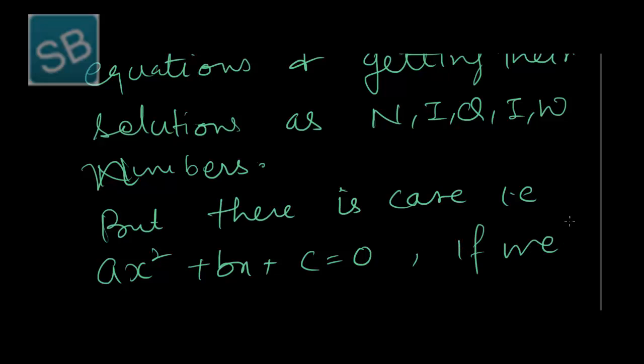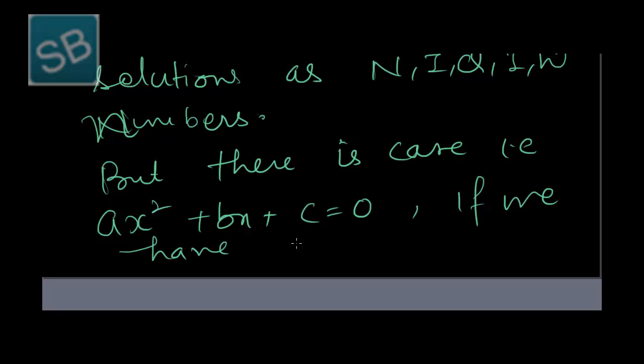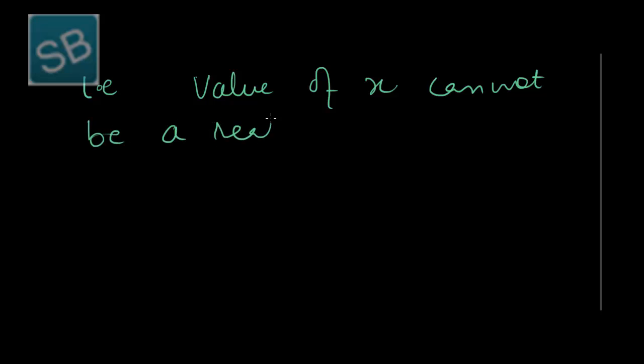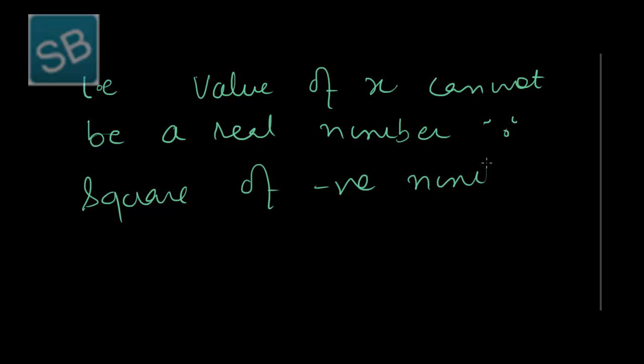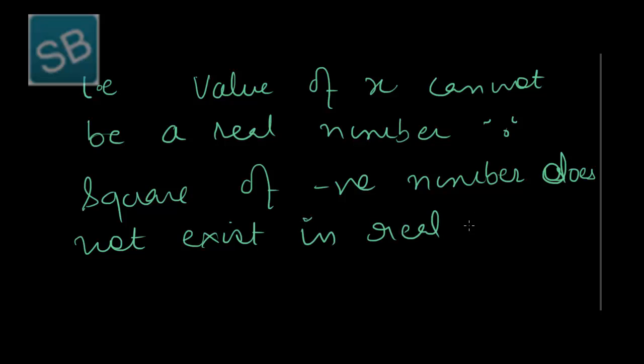If we have discriminant D is equal to b square minus 4ac less than 0, that means the value of x cannot be a real number, because square root of a negative number does not exist in real number system.